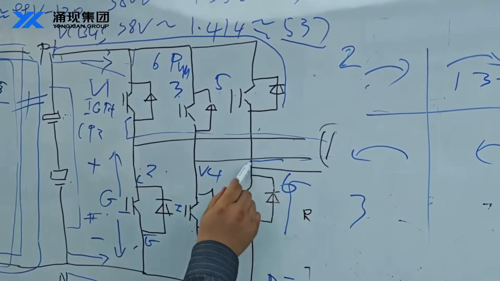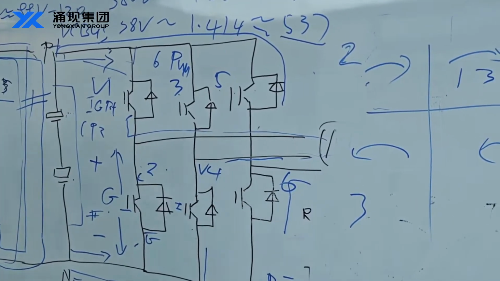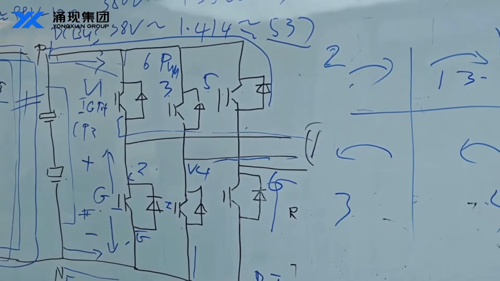The energy from the motor goes through our diodes to charge the DC bus.